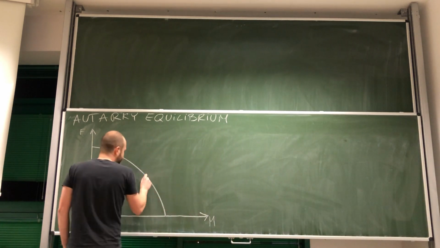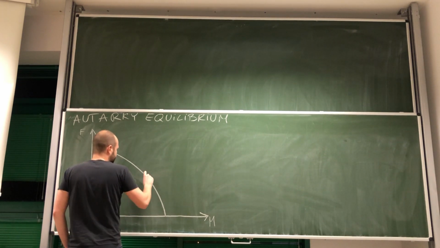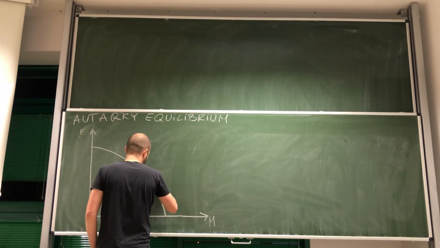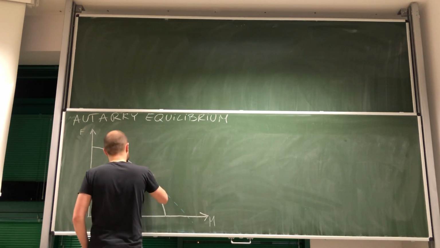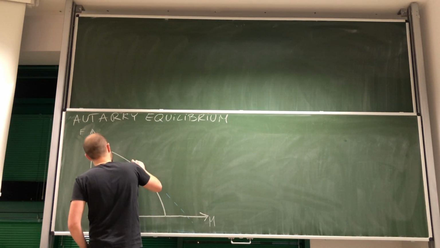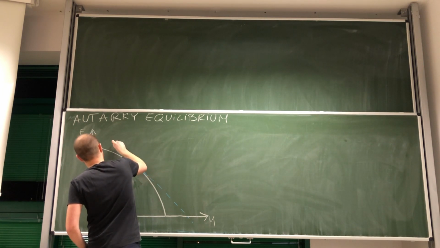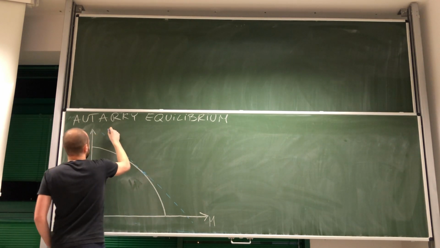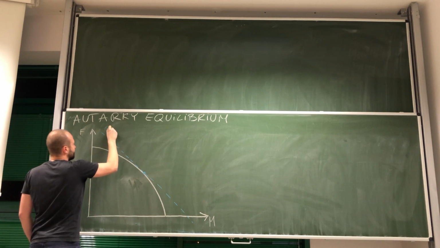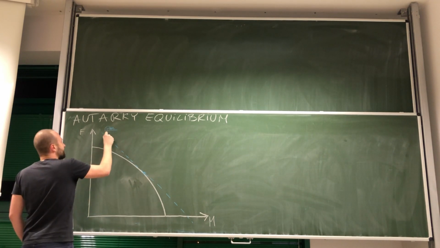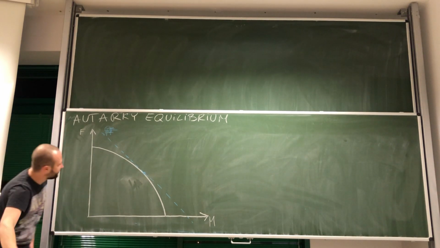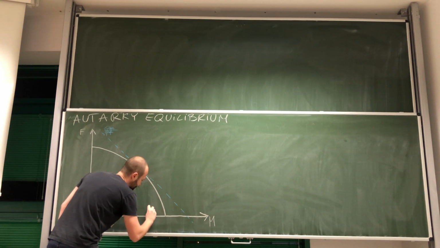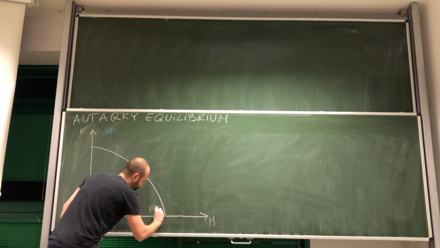So let's just say that this is going to be this point, and here is our price ratio line. This one is given, of course, as usual, by PM over PF. And of course, this is the production possibility frontier.